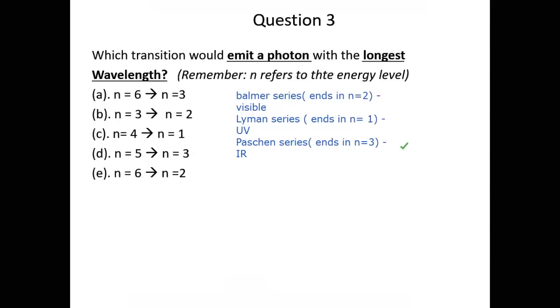So the first thing we want to do is omit any ones that don't end in n equals 3. So we can omit B, which is n equals 2, C, which is n equals 1, and E. So we can get rid of those three because they don't end in n equals 3. Now we're looking for the one with the longest wavelength.